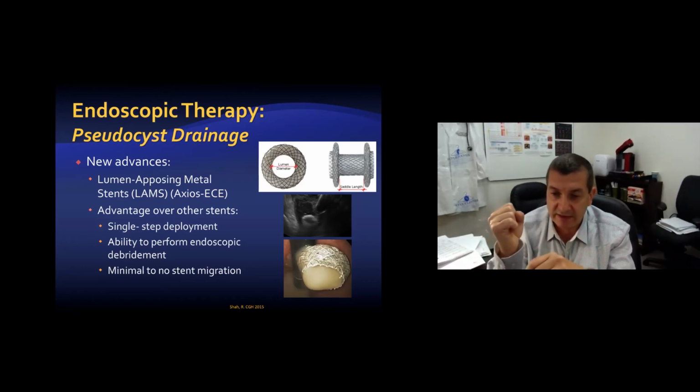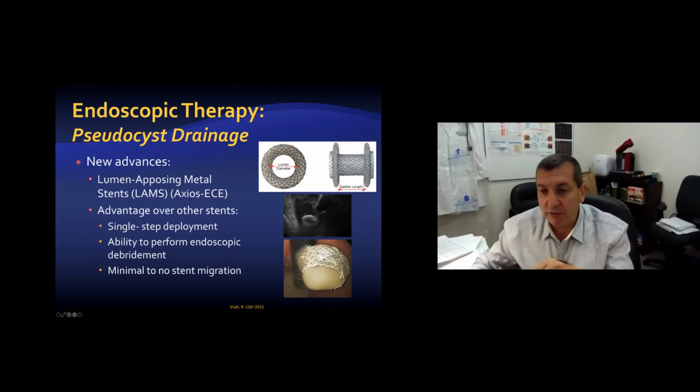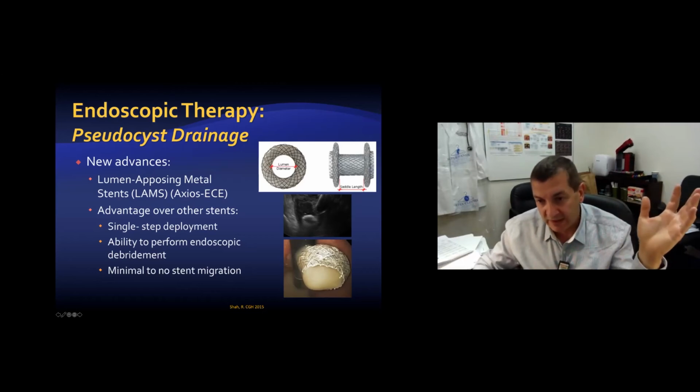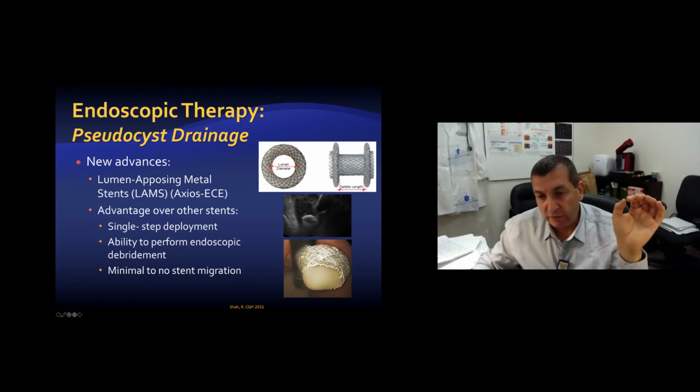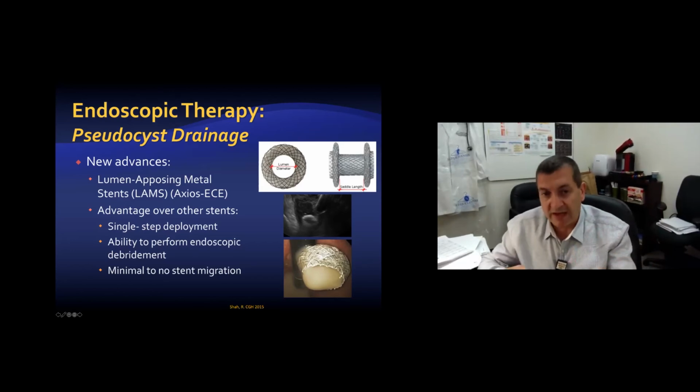The stent is on the tip of that needle. All you need to do under endoscopic ultrasound guide is, you don't even need fluoro for this, apply heat right into it, and it goes straight into the pseudocyst, and then you deploy the first flare of the stent, and then bring the stent a little bit closer and deploy the second half of the stent into the gastric wall. That's why it's called lumen opposing metal stent.